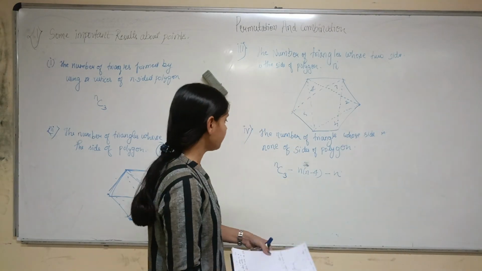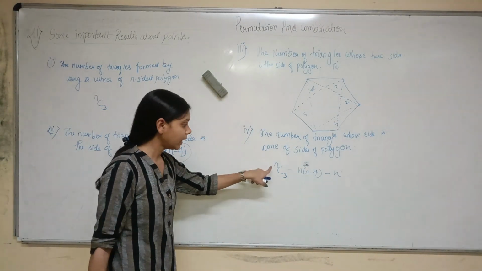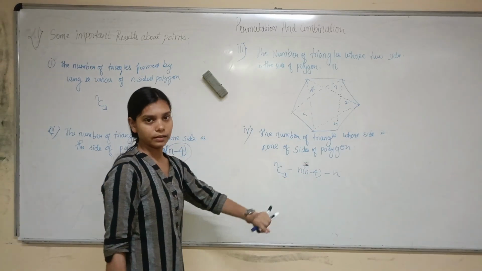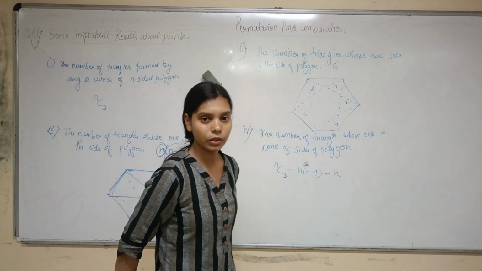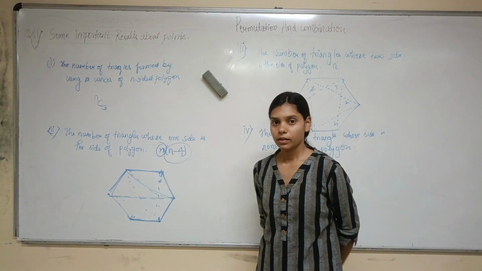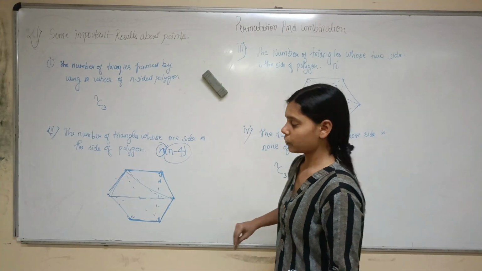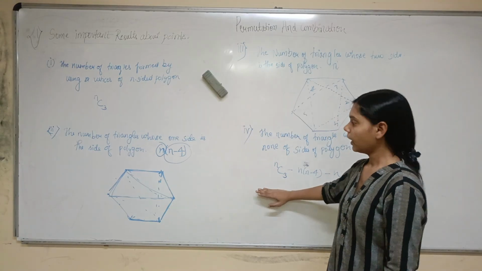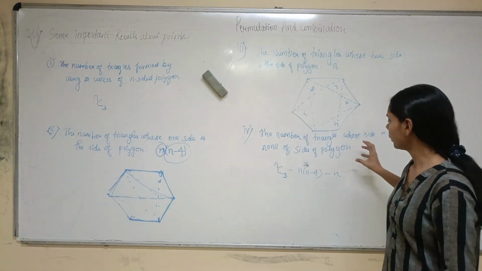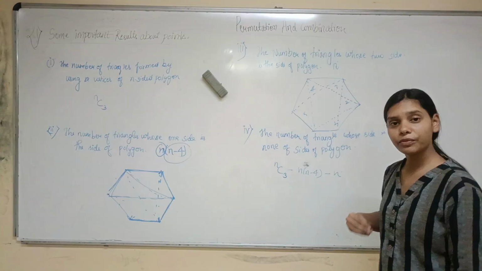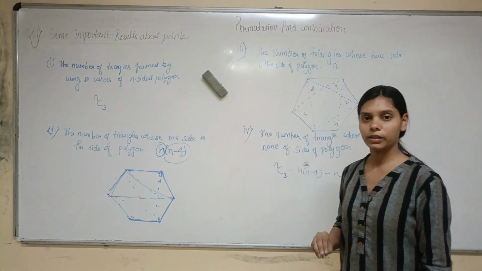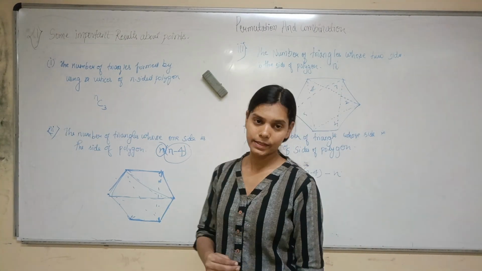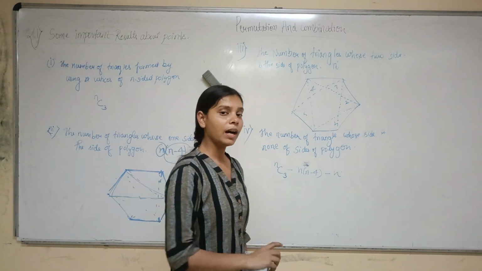So you directly put the value 8 here for n, and you get the result. Tell me anyone, what will be the answer? It's very easy, students. You can take n equal to 8 here, and you can directly form the equation. After solving this equation, you can get the answer. Exactly, 16 will be the answer.